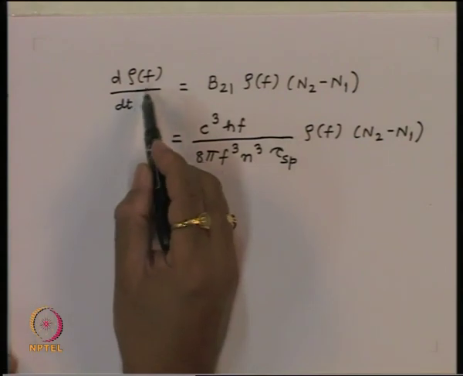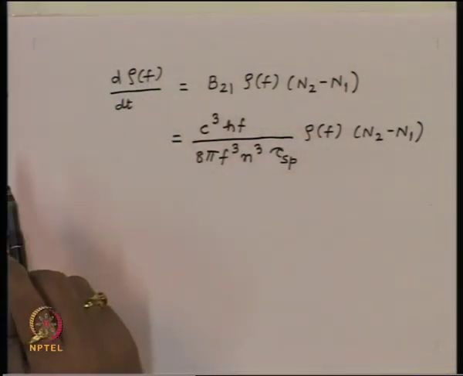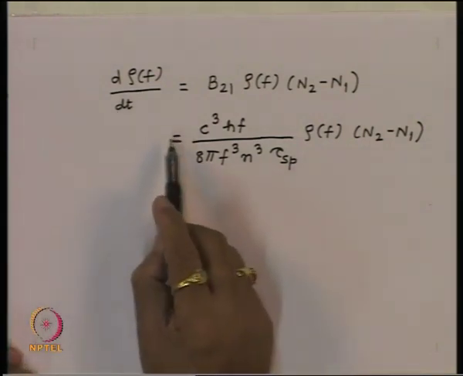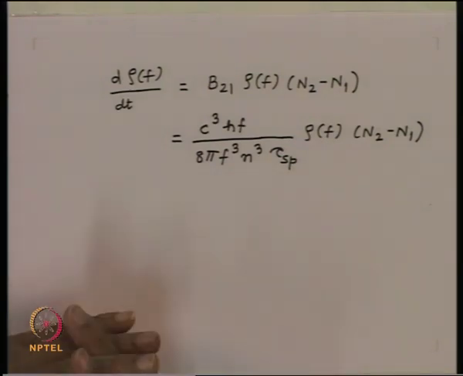So, now we are seeing that the photon flux varies as a function of time, and that is given by this differential equation. But when we look at the photons, a photon is essentially an electromagnetic wave. So, photon is not going to be staying at a particular point as a function of time, it moves with the velocity of light.